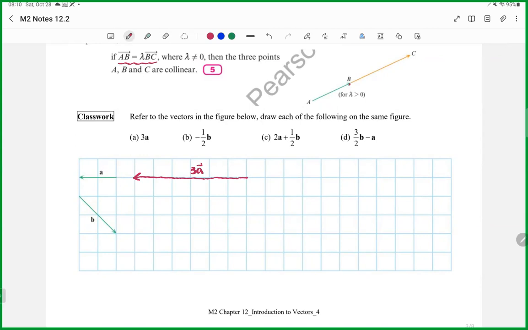How about negative 1 over 2 b? Negative 1 over 2 b can be here, just half the size, parallel, and on the opposite side.